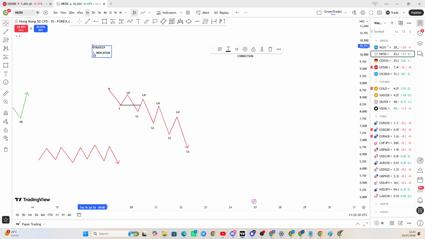Number two, correction. And number three will be continuation. That's what the strategy is all about. We've done indication. Today we're going to look at correction.